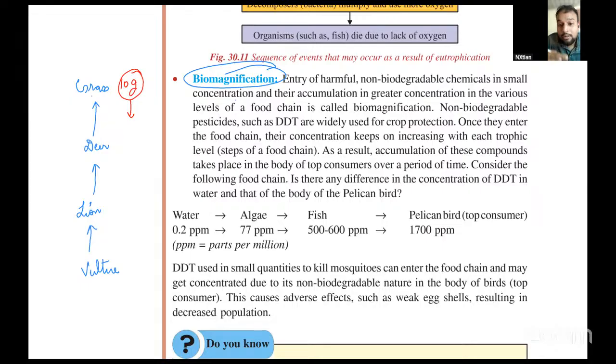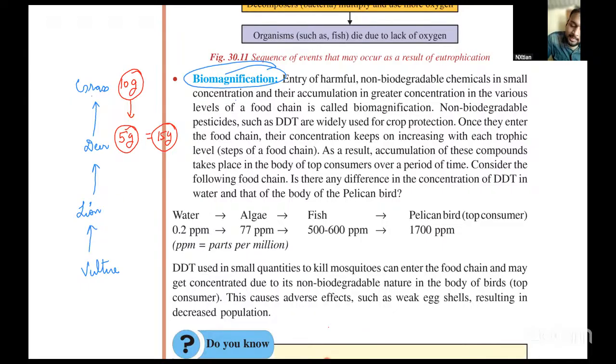The deer also has chemicals inside it, say 5 gram. So the total becomes 15 gram: 10 gram from grass because he's eating it, and 5 gram he had himself.